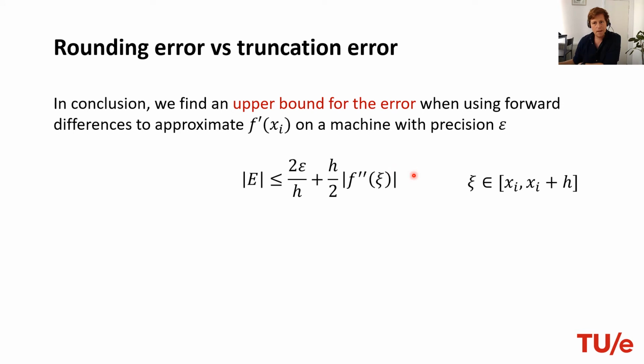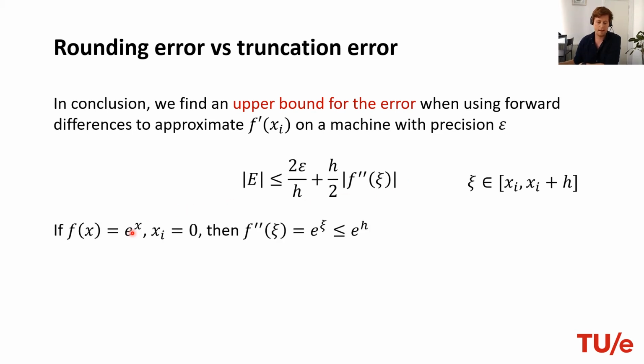This might seem a bit abstract, so let's apply it to the specific example that we've been looking at in this video, and that was this exponential function. We were trying to evaluate the derivative at xi is 0. So that means that xi will lie between 0 and h.